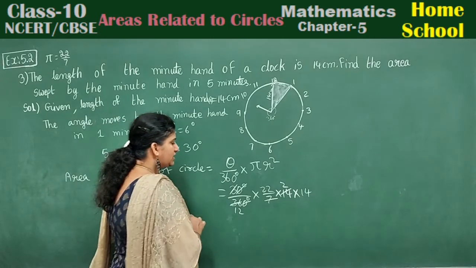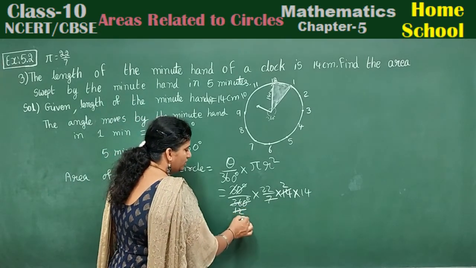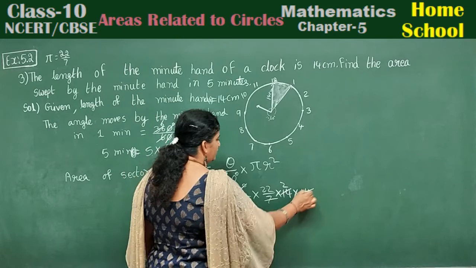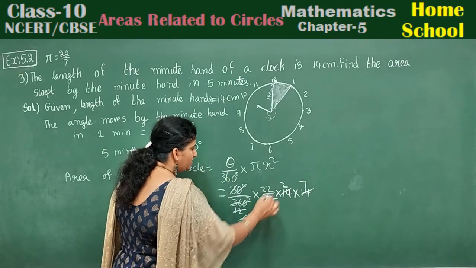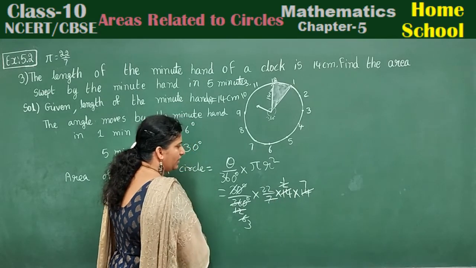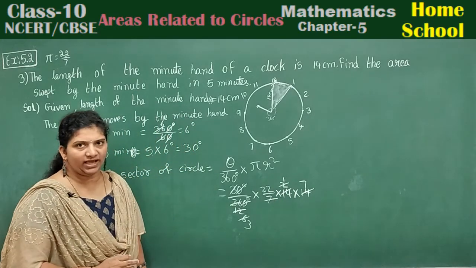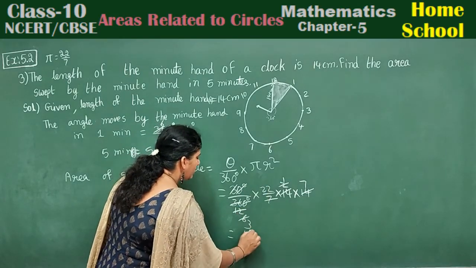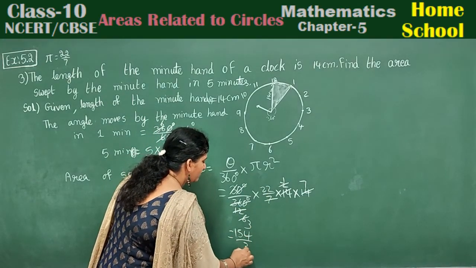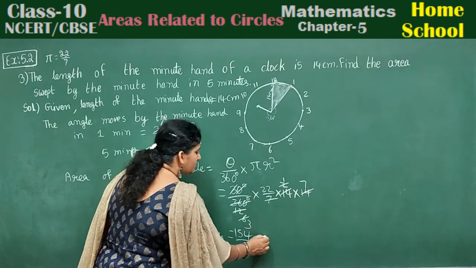Still you can cancel: 2 6s are 12, 2 7s are 14, and again 2 3s, 2 1s. Then is there anything to cancel? No, that's it. So multiply now: 22 into 7, that will be 154 by 3 centimeter square.